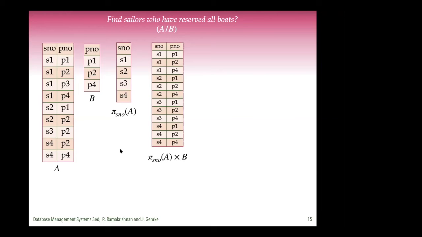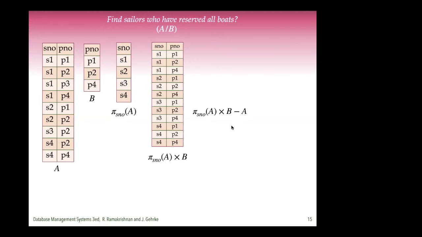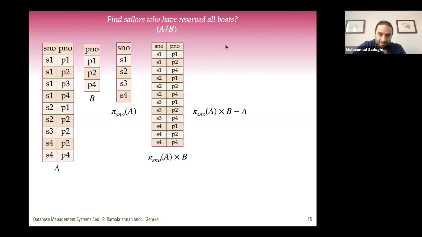We could get the complement of A by subtracting. Yes, so subtracting it from A, is that what you mean? Okay, and what are we going to get? What would this subtraction give us?